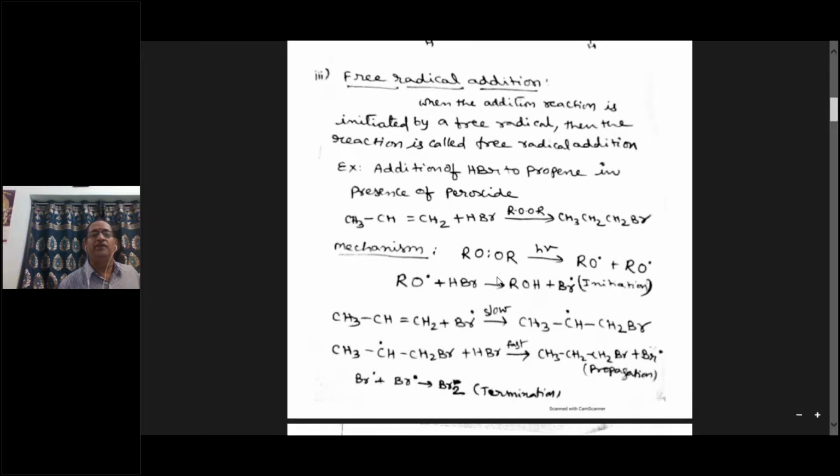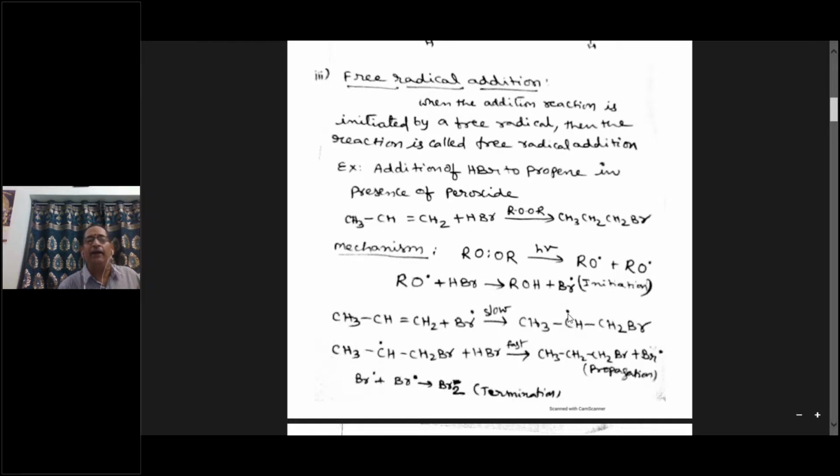First of all, this organic peroxide will be subjected to homolytic fission in presence of ultraviolet light to form two alkoxy radicals. This alkoxy radical will react with HBr to form ROH and Br radical. This Br radical reacts with propylene and first a radical which is more stable, that is a secondary alkyl radical, is formed.